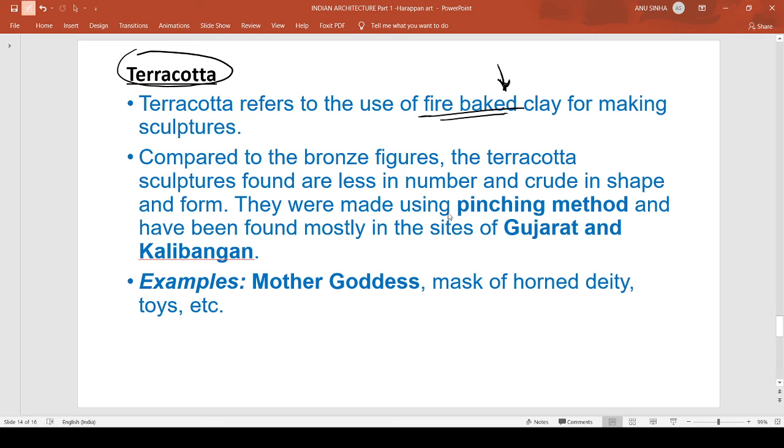They are made using the pinching method and have been found mostly in the south of Gujarat and Kalibangan, that is in Rajasthan. So terracottas are fewer as compared to the bronze figures, and these are mostly found in Gujarat and Rajasthan. Examples of terracotta are the Mother Goddess, the mask of the Horned Deity, toys, etc. So terracotta is basically nothing but fire-baked clay.